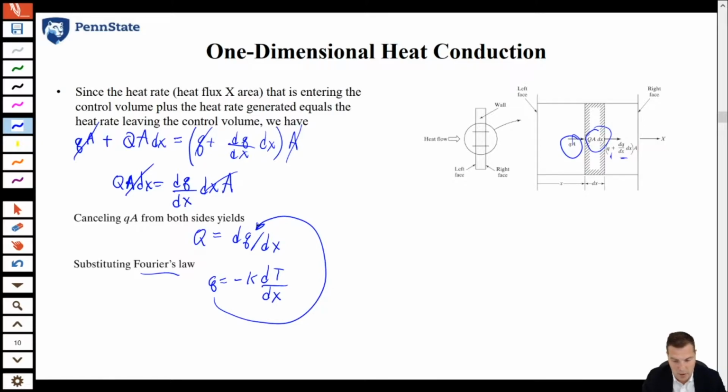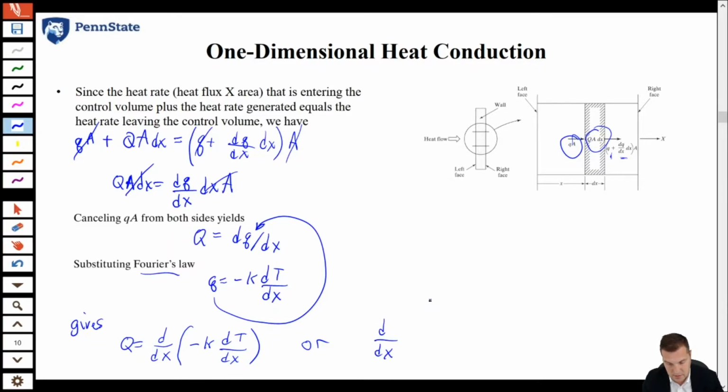This gives us Q equals d/dx of negative k dT/dx, or d/dx of k dT/dx plus Q is equal to 0.